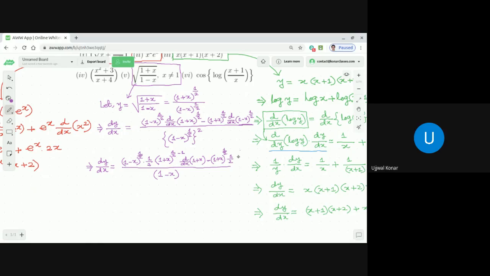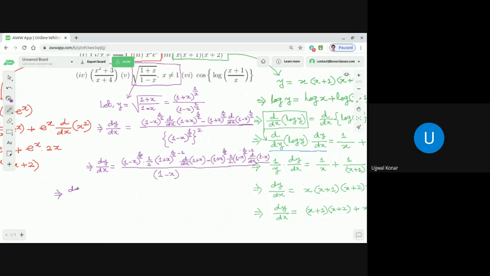So 1 minus, 1 by 2 into (1 minus x) power 1 by 2 minus 1, just a minute, let me write clearly, into d/dx of (1 minus x). All of you agree with me, dear students?